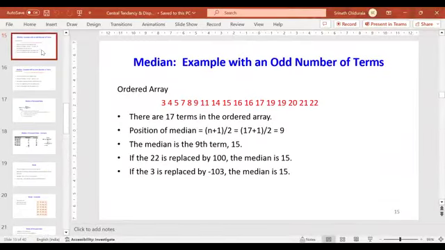In the last class, we discussed central tendency and three measures: mean, median, mode. Mean, also called arithmetical mean, is nothing but the average. Median is the central value of an array, while the mode is the most frequently occurring value in the array.